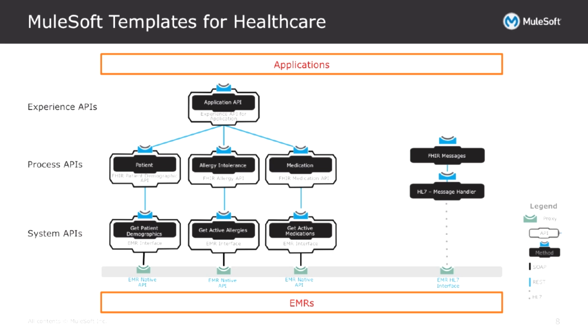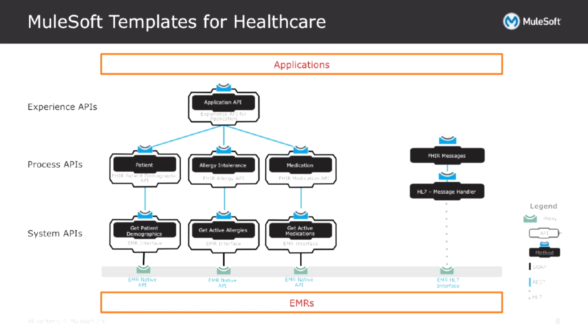FHIR APIs follow HL7's FHIR standard, or Fast Healthcare Interoperability Resources, which are essentially JSON-based representations of the EMR data, created and deployed as FHIR resources or endpoints.